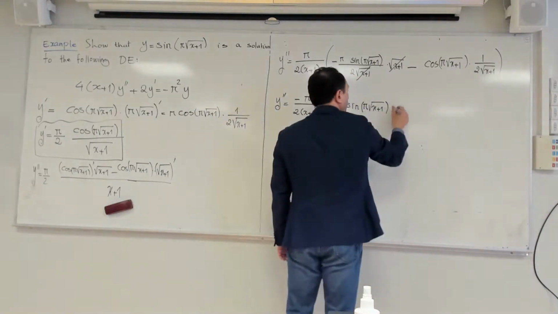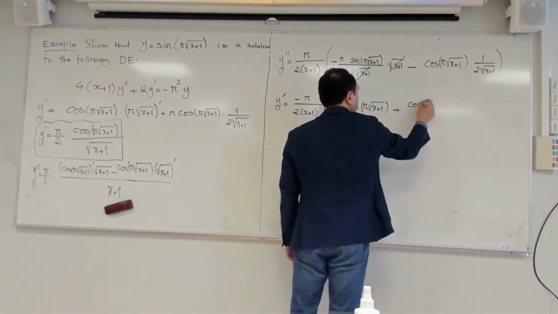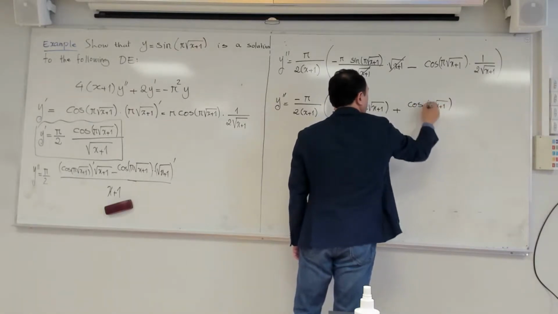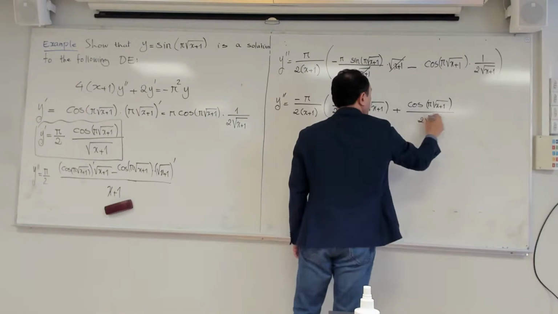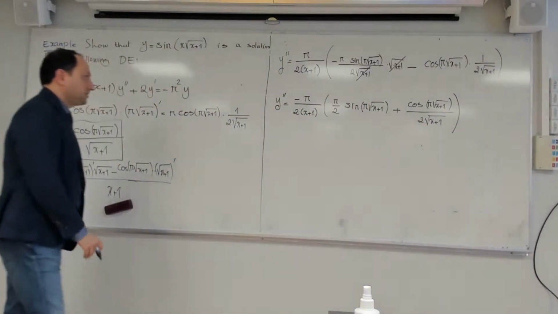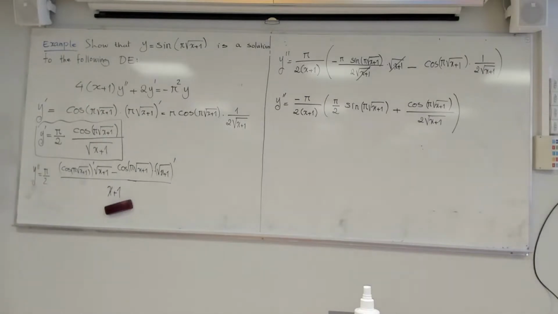And here I have plus cosine of pi square root of x plus 1, and then divided by 2 square root of x plus 1. Yeah, please watch my calculations. So this is y double prime. Yes? Is there any flaw here? Okay. So apparently we cannot simplify it more than that.